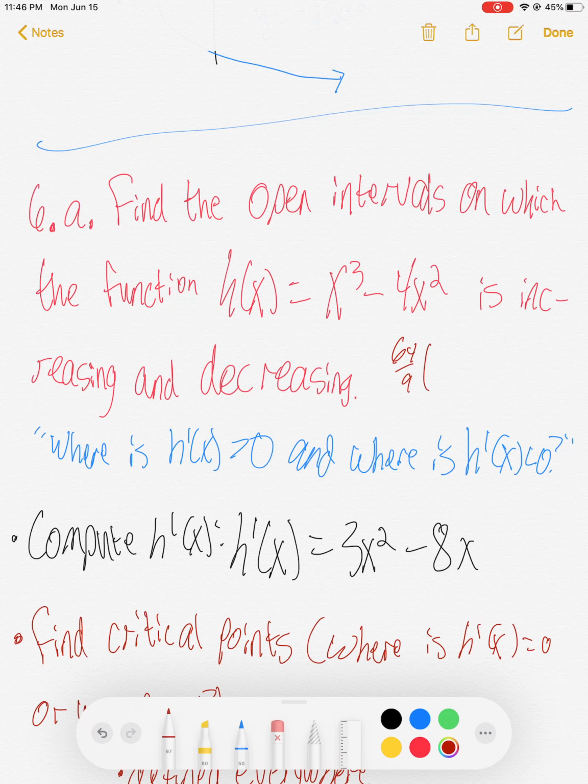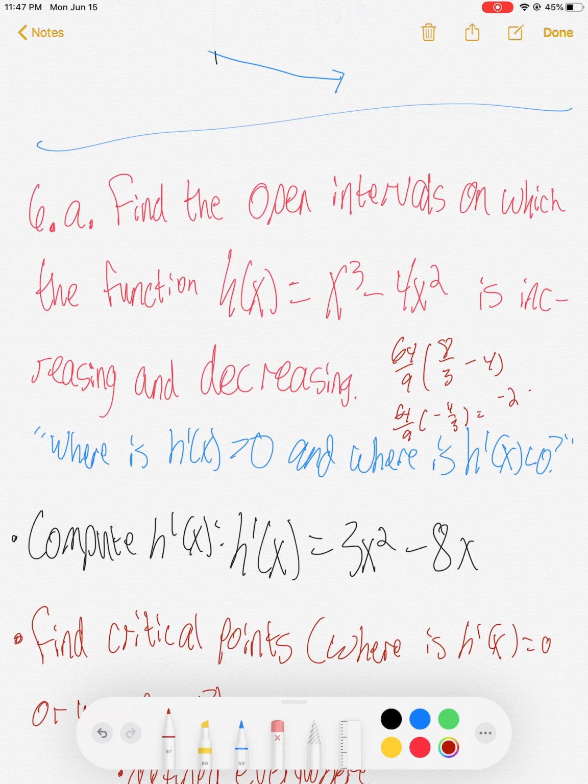h of 8/3 equals, oh boy. I might do this in my head right quick because this is going to be ugly. No, I can do that. 64/9, because I can factor out x squared.